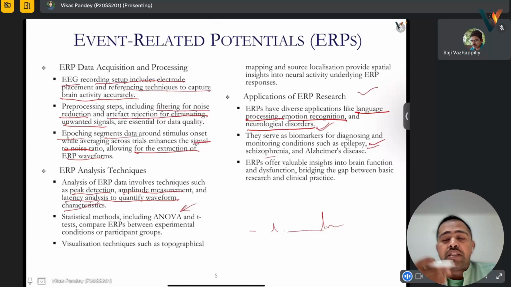Such things can be understood from the ERP analysis.